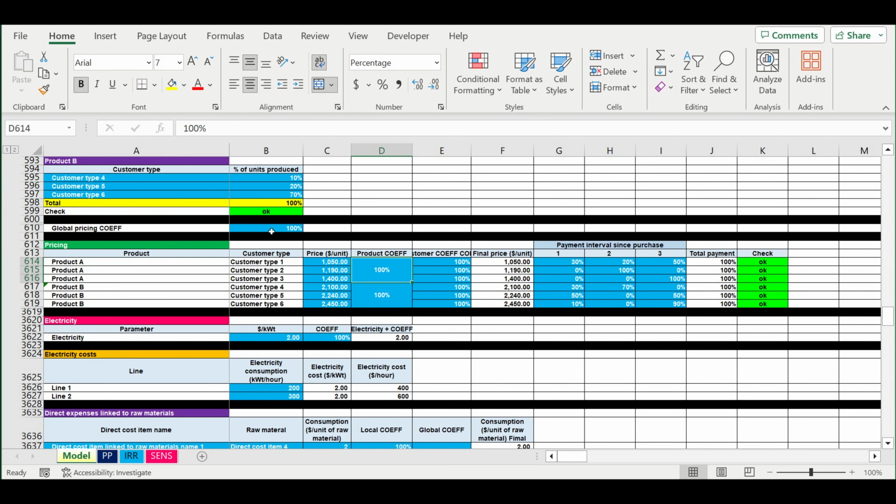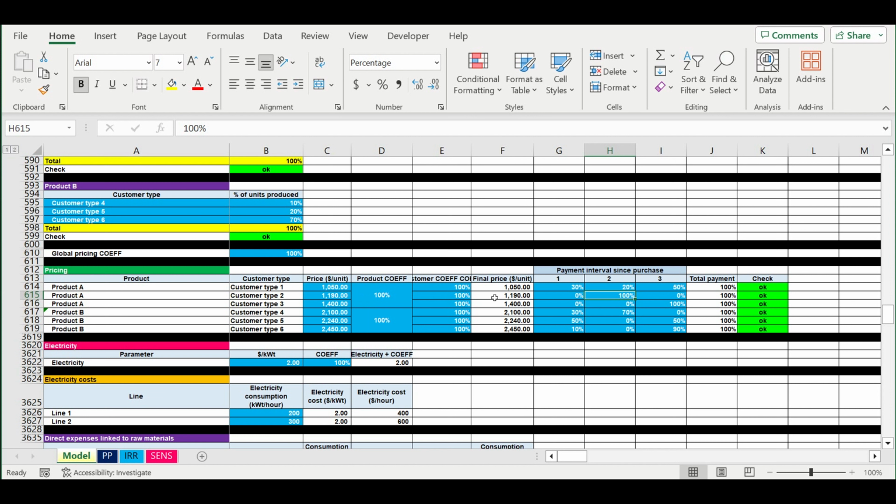For each type of customer, we may have different price and algorithm of payment. For pricing, we have one global coefficient, 2 coefficients for each product, plus individual coefficients for each type of customer. All that is necessary for future scenario play.